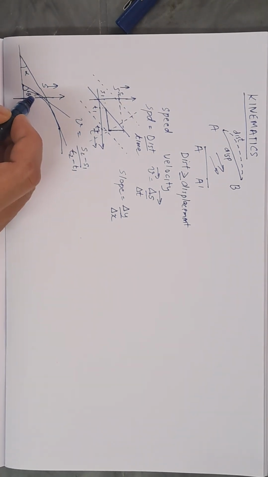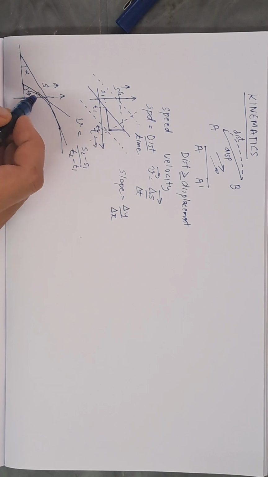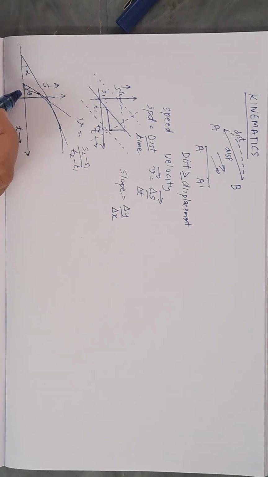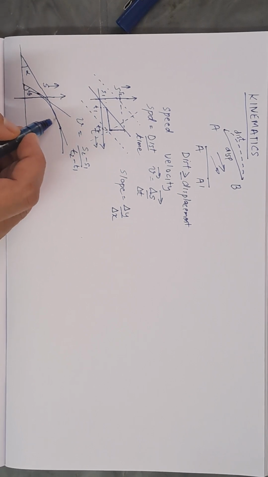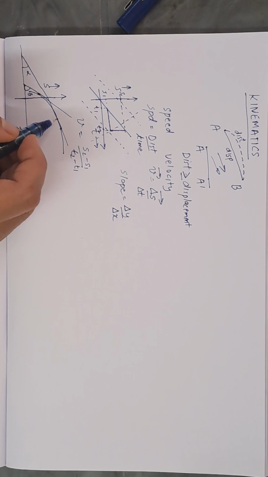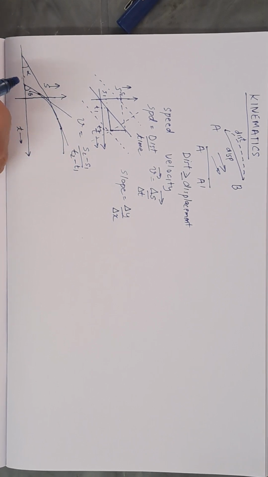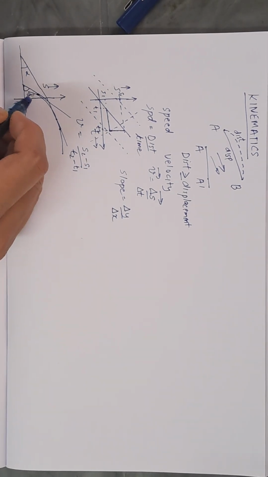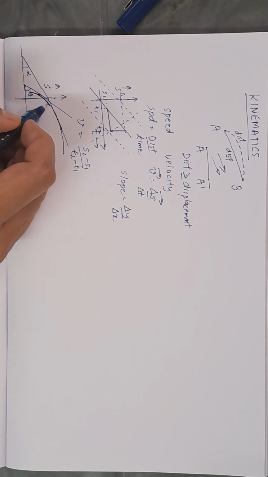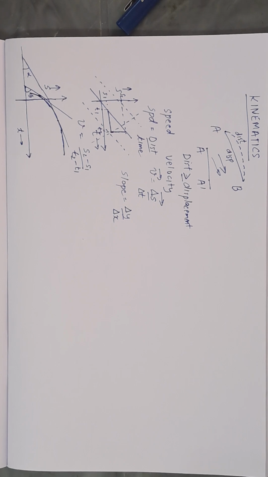Similarly, the slope of the curve at this point will be given by the angle that the tangent to the curve at this point is making with the horizontal axis. So this is an example of an ST graph of a particle with a continuously changing velocity.